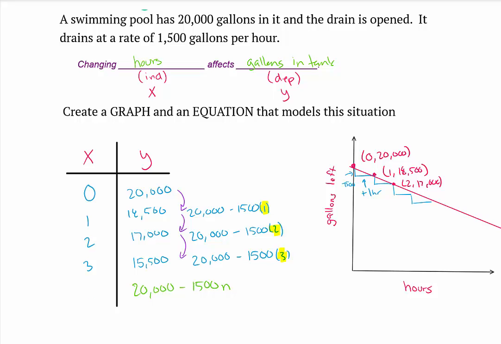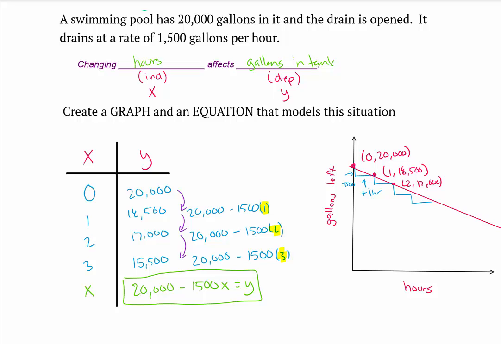And if we change the n to an x, so any number of hours, whether it be 12 hours or 15 hours or 27 hours, we are going to take that number, multiply by 1,500, and subtract it from 20,000. And therefore that is an equation that we could use to model this situation.